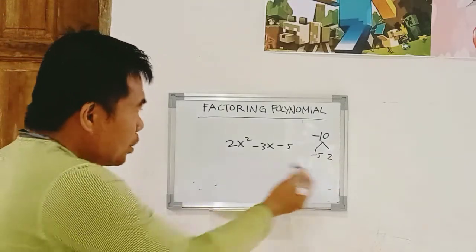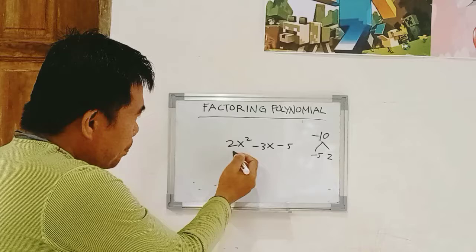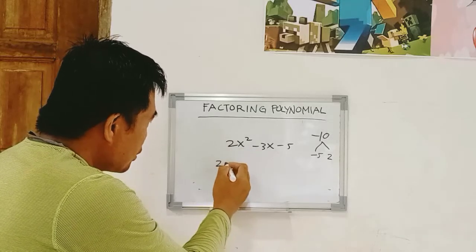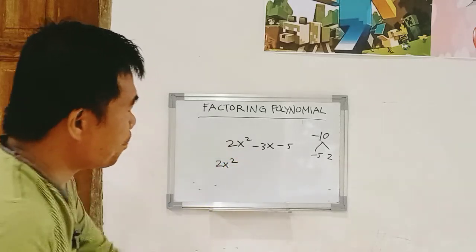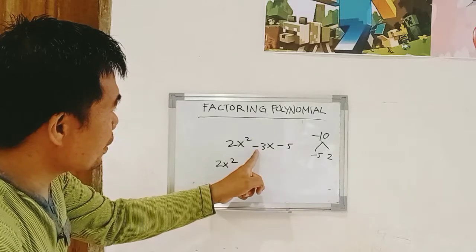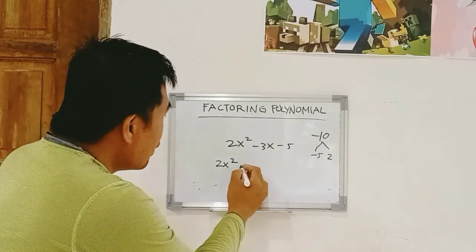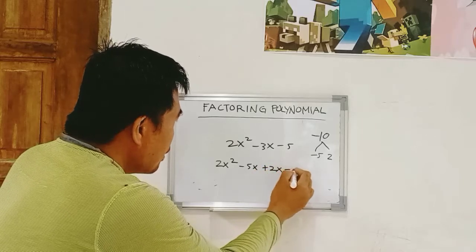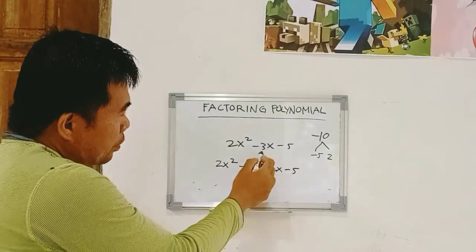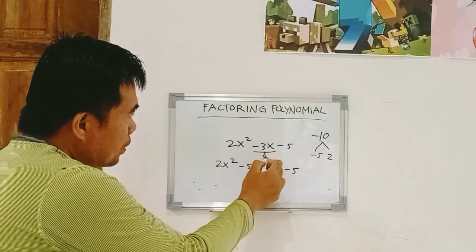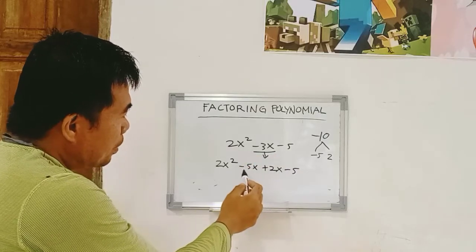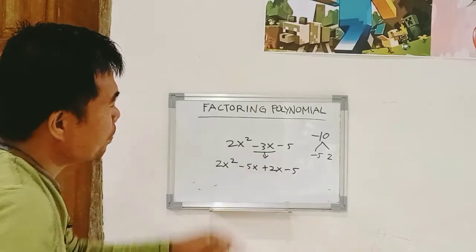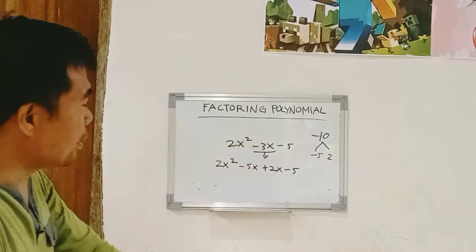So what we will do next is copy this first term, 2x squared, and replace this negative 3x with minus 5x plus 2x minus 5. So this term is replaced by these terms. Minus 5x plus 2x is equivalent to negative 3x.